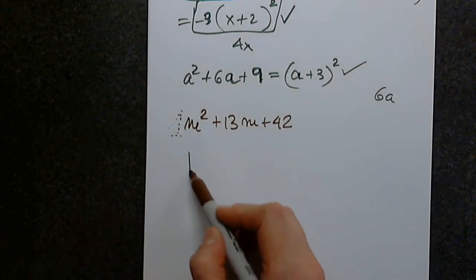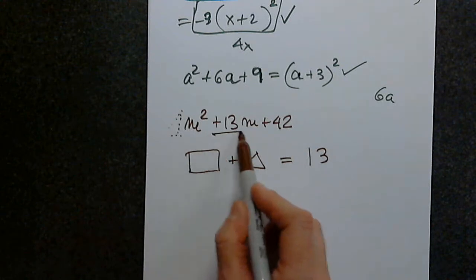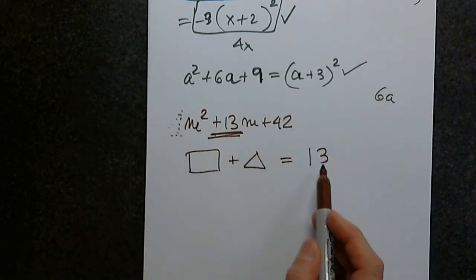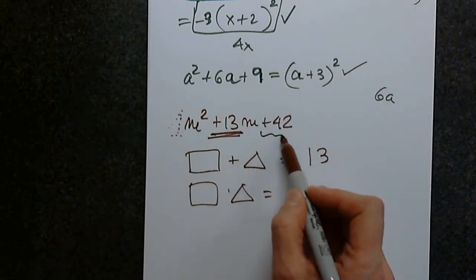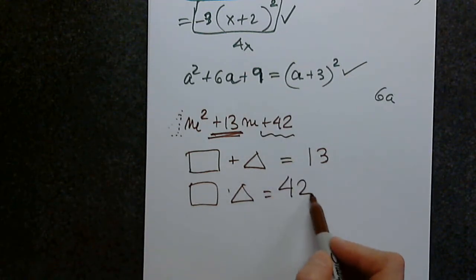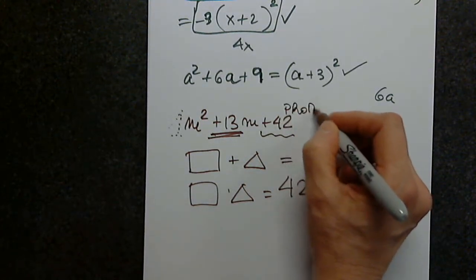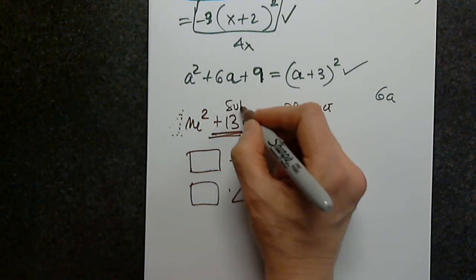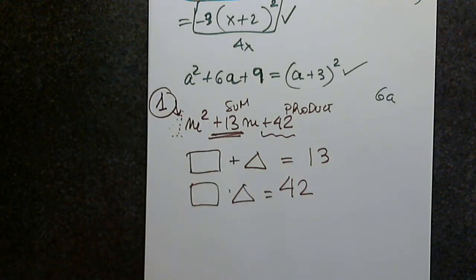So I have to find two numbers whose sum is this number with a sign in front of it, and whose product is this number with a sign in front of it. So this will always be the product, and this will always be the sum, as long as this number is 1.